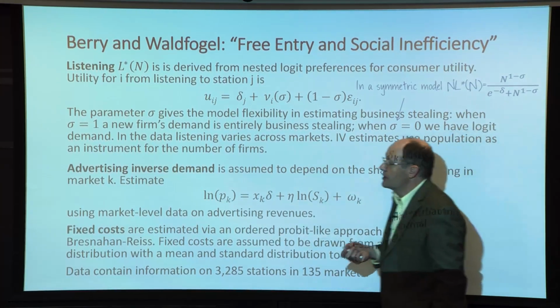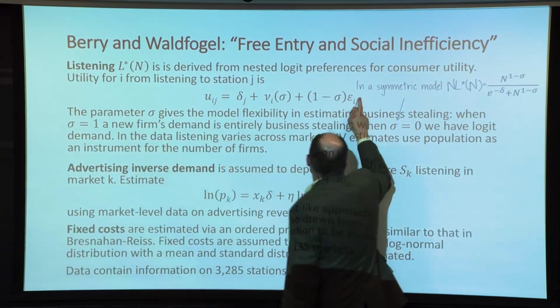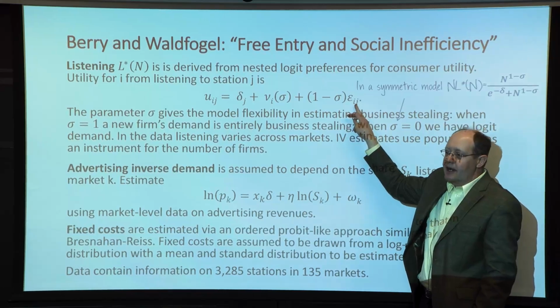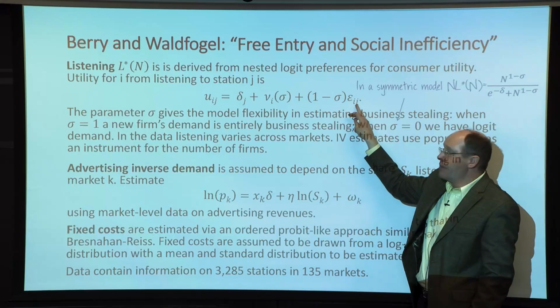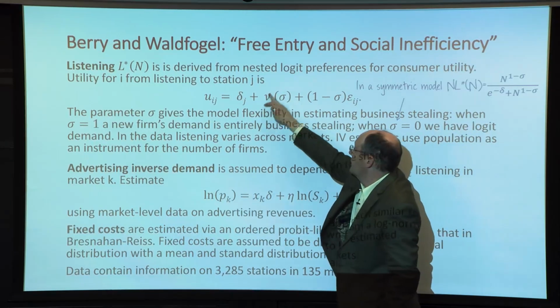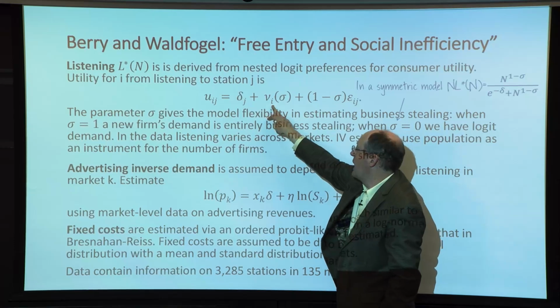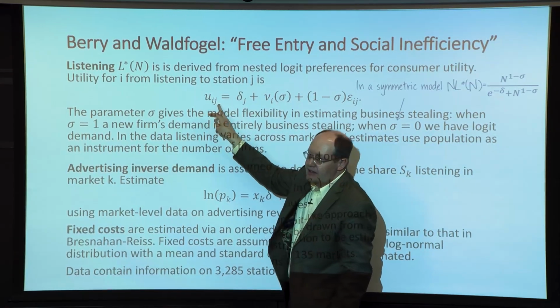In the nested logit model, you add a second shock. The epsilon ij is a shock that's independent across stations. I like the music on this station, I don't like the music on this station. That's additive to my preferences. But then there's also a common shock, v i, and v i is a random variable drawn at the level of the customer, not the station.